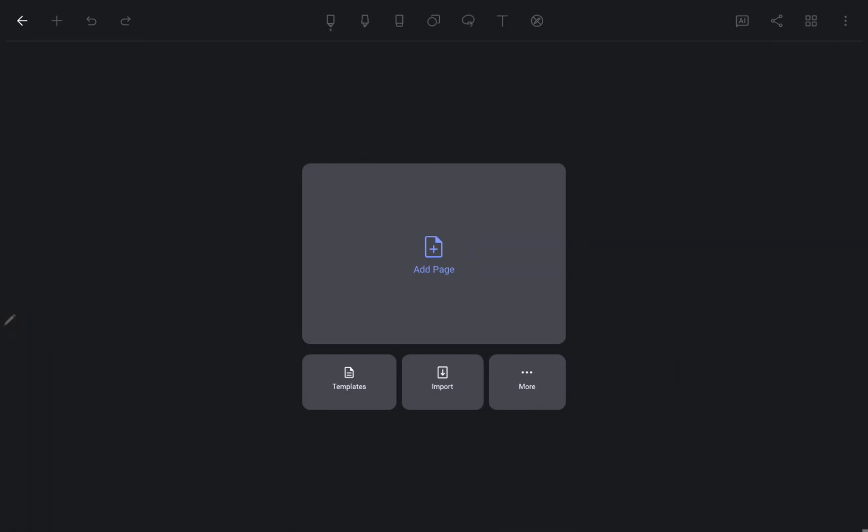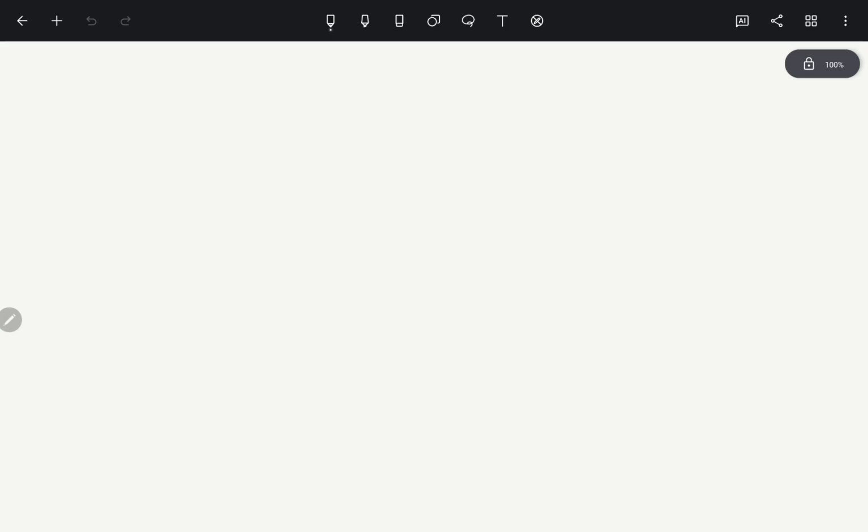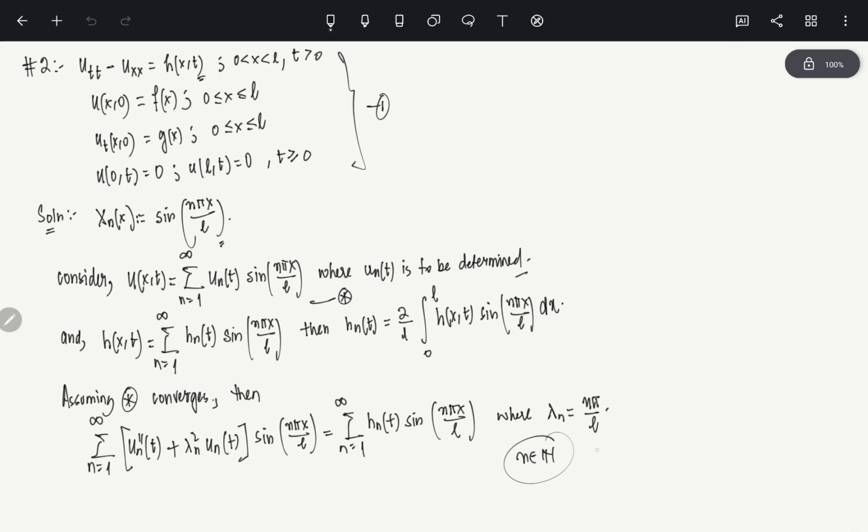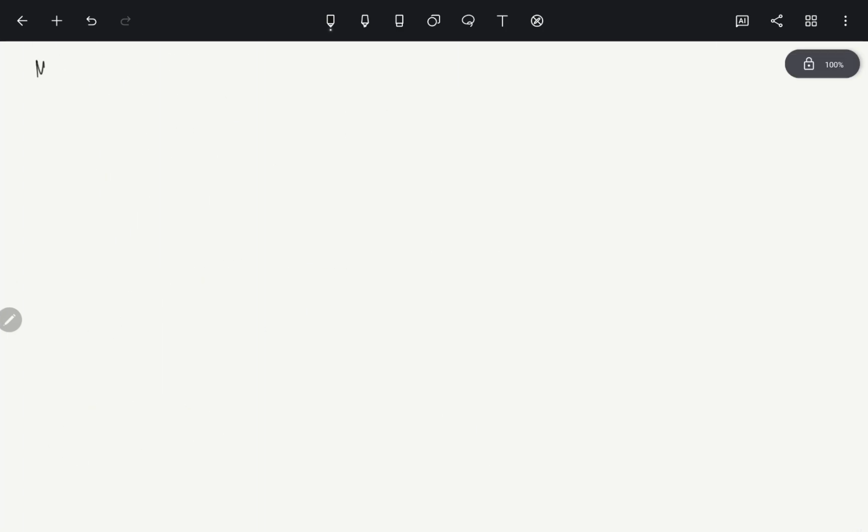We are just putting it in the equation. Now we multiply both sides of equation 2 with sine of m pi x by L, for m equals 1, 2, 3, whatever, and integrate.